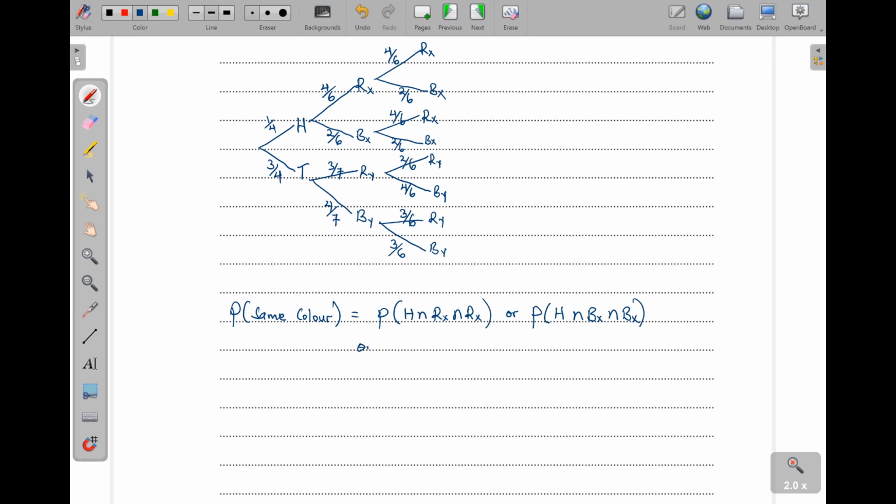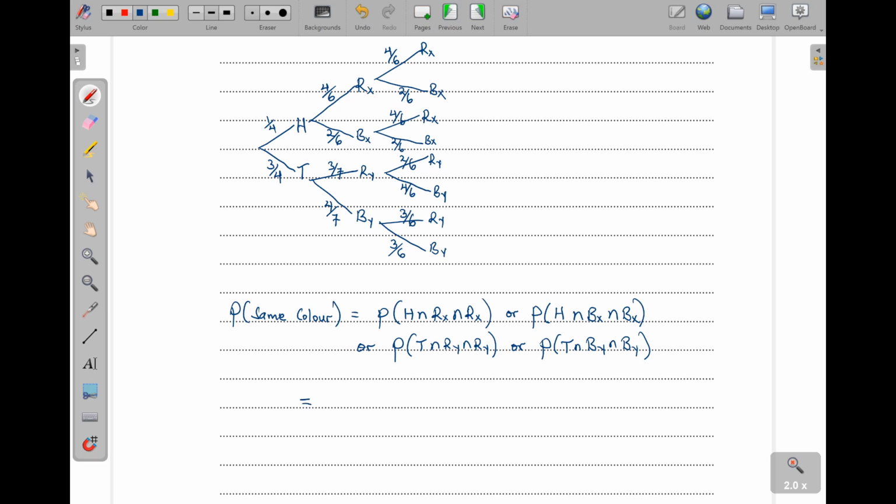Or we can have this person obtaining a tail and then red from Y and red from Y. Or again a tail, then we can get blue from Y, then blue from Y.